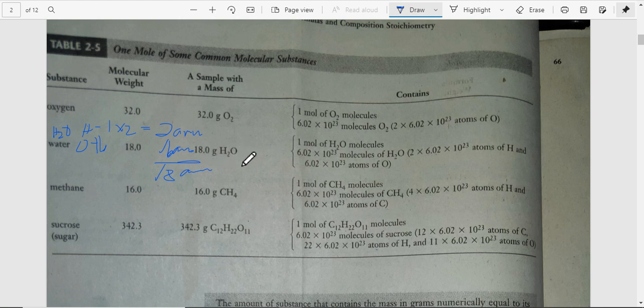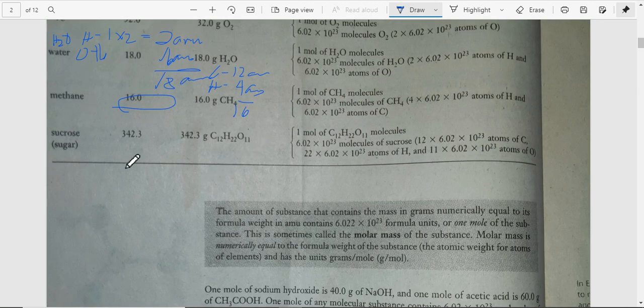Then you can use your conversion factor. Next is your methane, CH4. Your C is 12 AMU, then you have 4 hydrogens, which is 4 AMU, which gives 16. That's why your molecular weight is 16. This one is a longer process, but it is the same principle. For carbon, each carbon is 12 AMU, so 12 times 12.